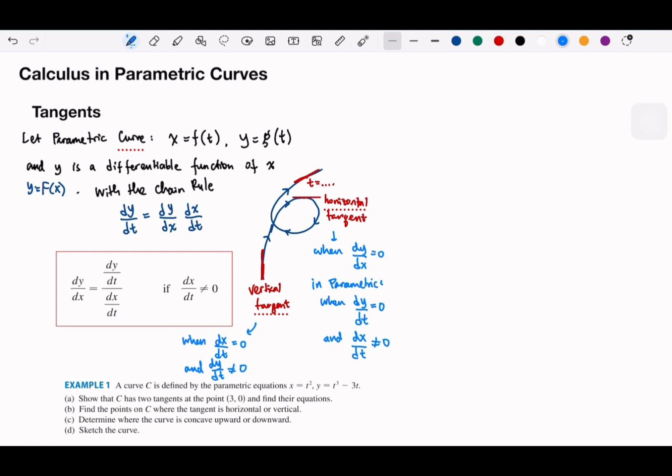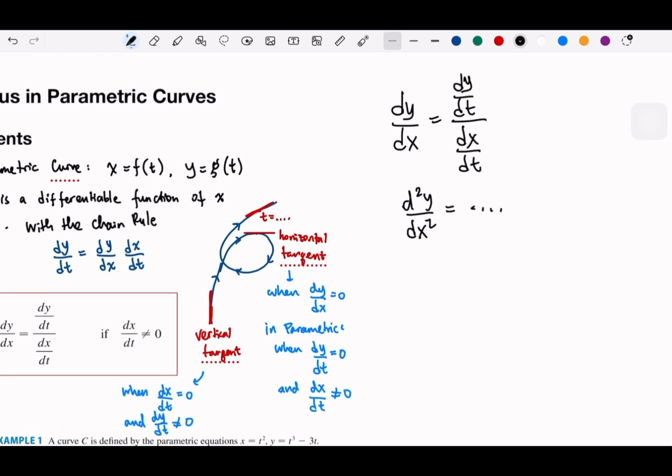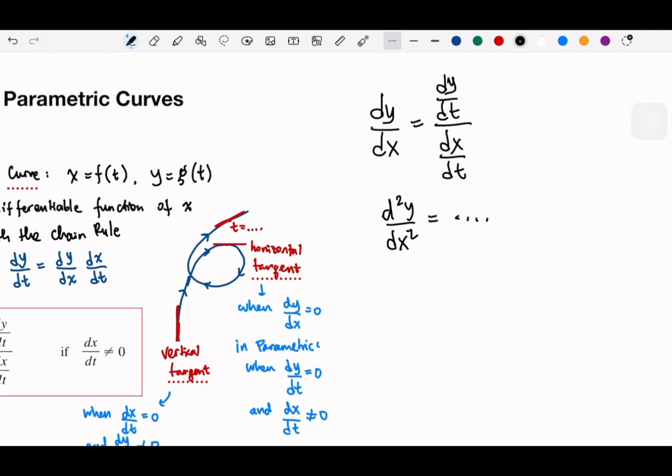If you see the connection here, let me write again on the other page. So if we have dy dx equal to dy dt over dx dt, what will be the second derivative?